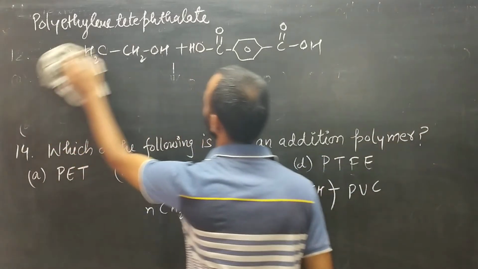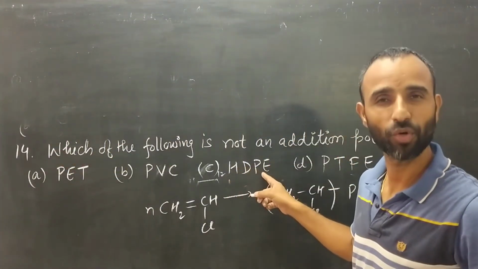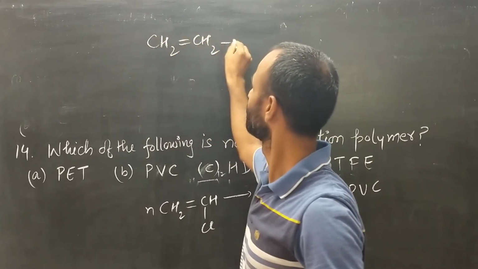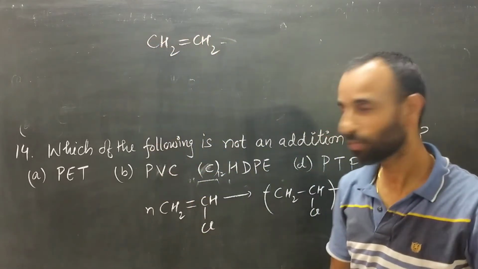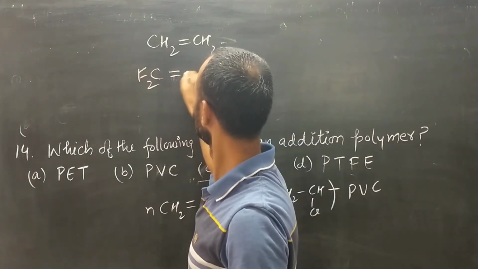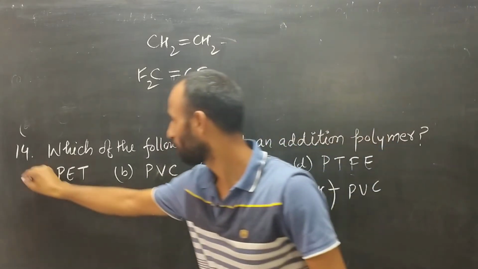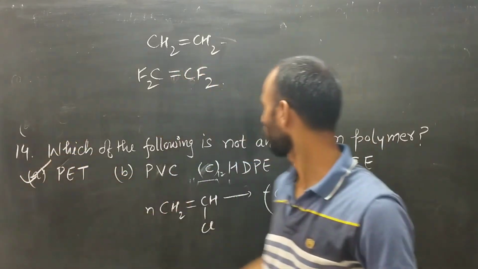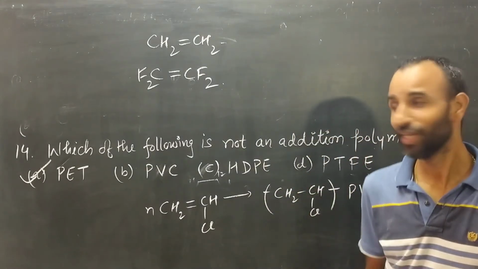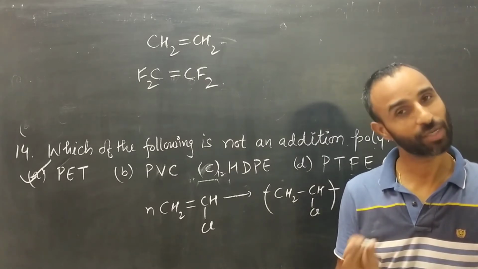Then high density polythene is obtained from ethene, again an addition polymer. Polytetrafluoroethylene, Teflon, is also addition polymerization. So only the first one is not an addition polymer. These are questions from previous year GSET papers.